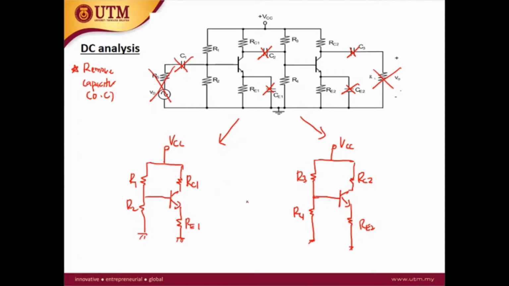It is as if you are doing DC analysis for two different bias circuits. So for this RC coupled, it is quite straightforward compared to the direct coupled.